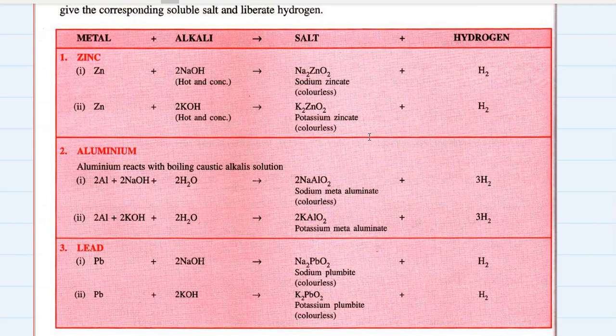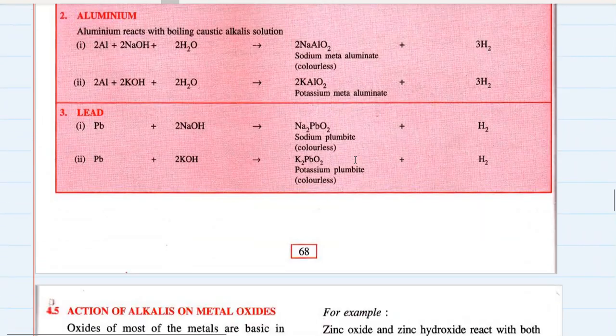So strong alkalis like potassium and sodium hydroxides are able to react with metals like zinc, aluminum, and lead. And zinc, aluminum, and lead release hydrogen gas when they react with these strong alkalis and form double salts of the two metals involved. Okay, so this information you must remember.